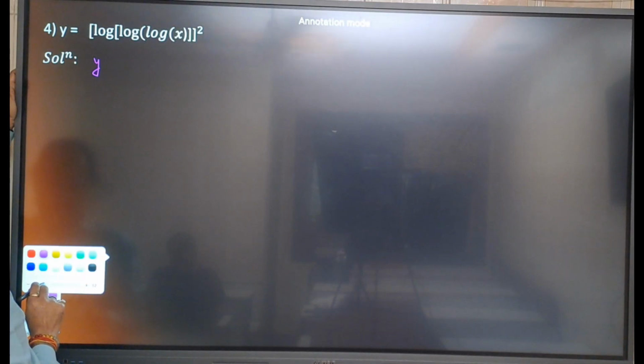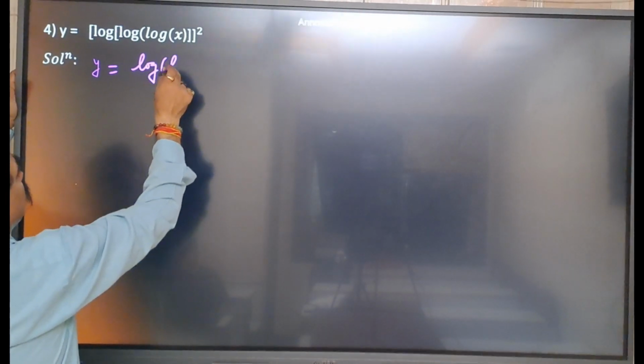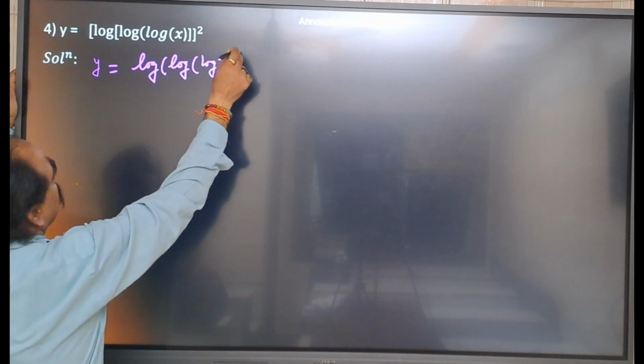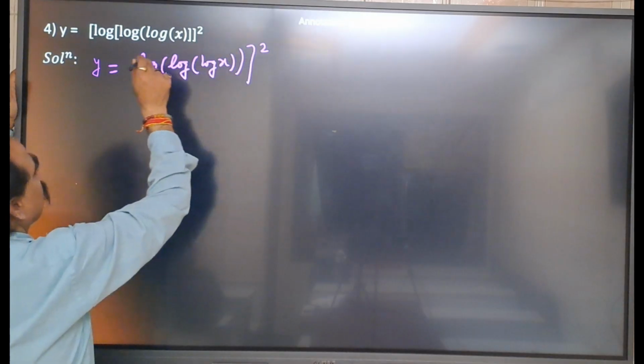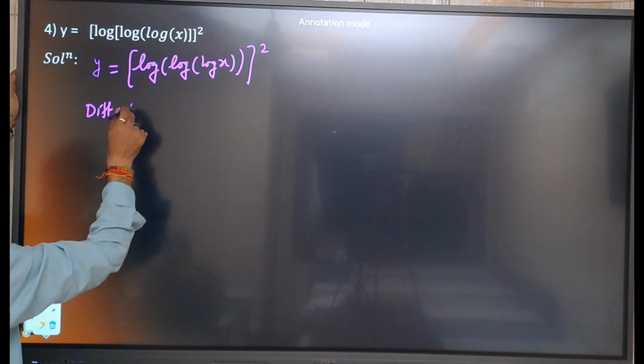Y is (log of log x) square. So first you take derivative of power, differentiating with respect to x.